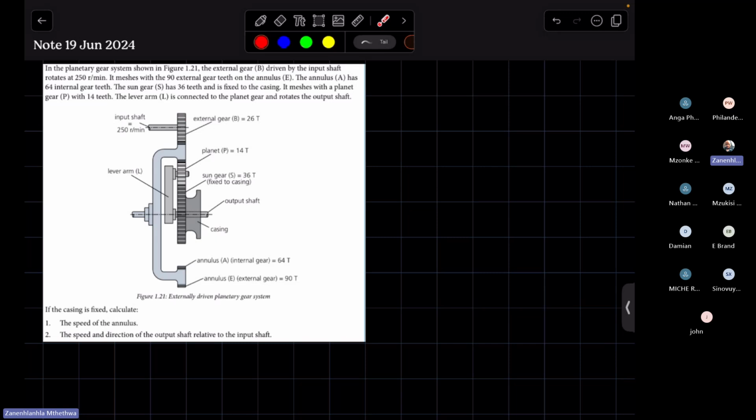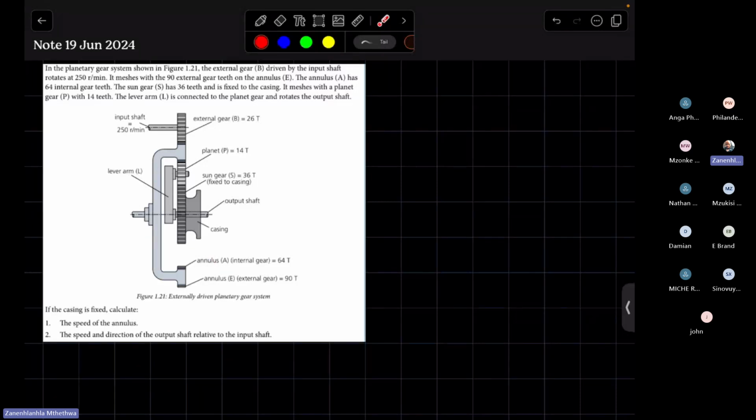External gear: if you look at the external gear, it's fitted with the input shaft. The input shaft is rotating at 250 rpm. Because it's positive, we are going to take it as clockwise. So we have a relationship between gear B and the annulus, essentially gear E. To differentiate between the internal and external teeth, they have named the internal as gear A and the external as gear E, but both are on the annulus.